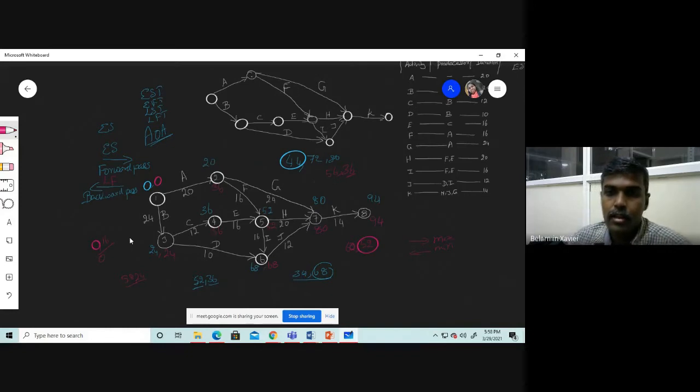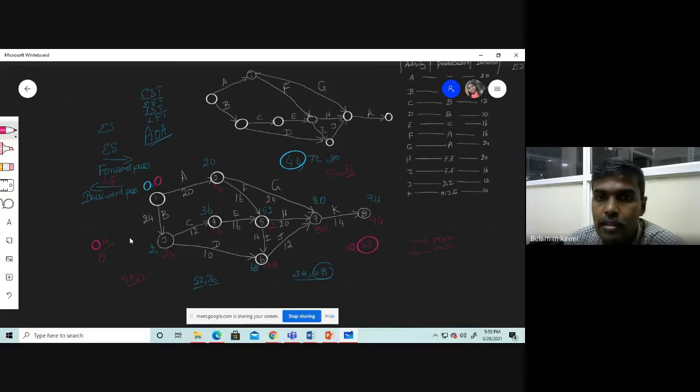It's over. Now you can see in some locations both the times are similar. For example, 0, 0 same. 24 comma 24 same, 36 comma 36 same, 52 comma 52 same, 68 comma 68 same, 80 comma 80 same, 94 comma 94 same. But here it is different. 20 comma 36, it is different. Clear?